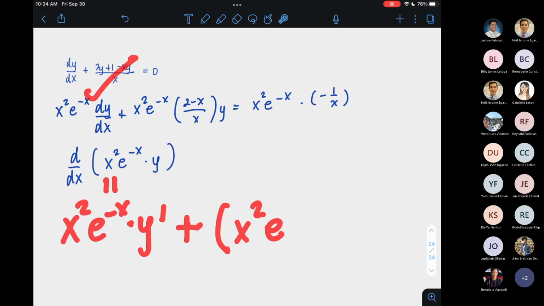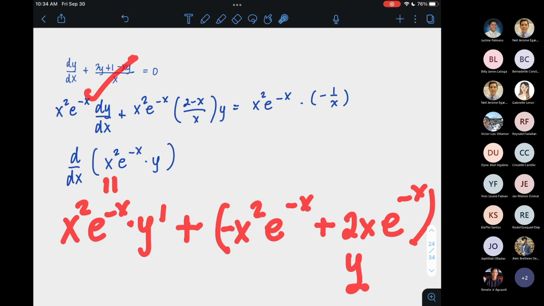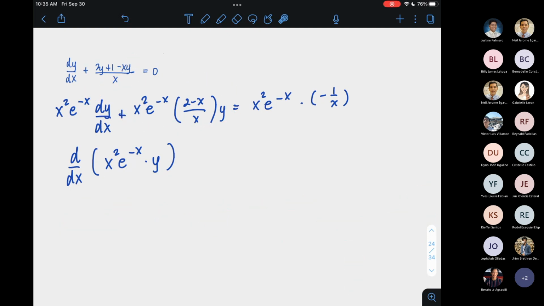X squared e to the minus x times negative 1 plus 2x e to the minus x times y. And do we get that? 2x minus x squared, cancel yung x. Yeah, and that would be that, right? Pag sinimplify. And then the right-hand side will be what? It will be negative x e to the minus x.